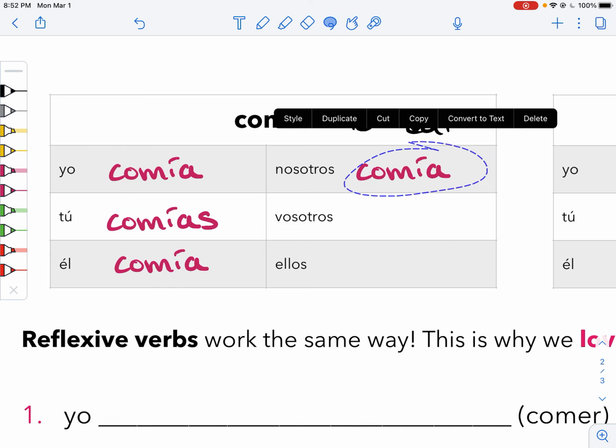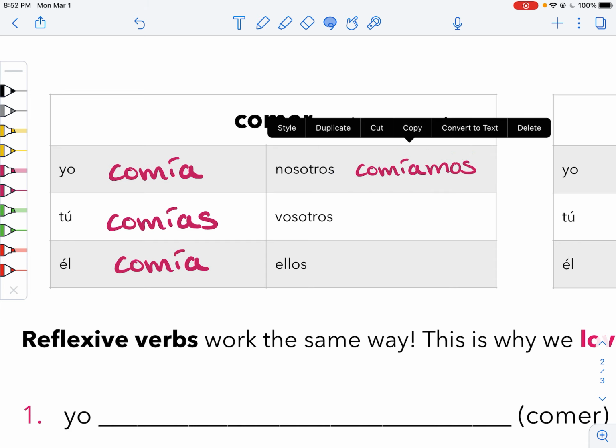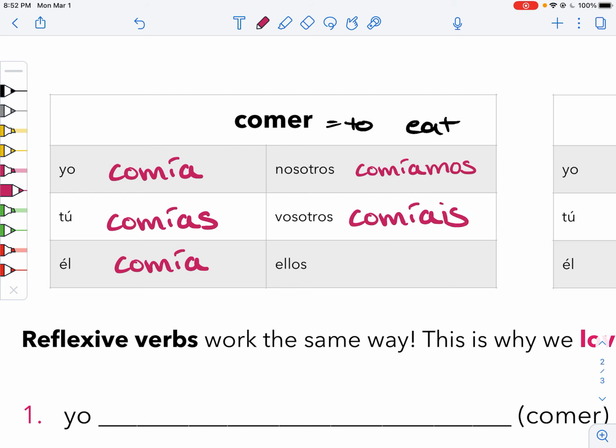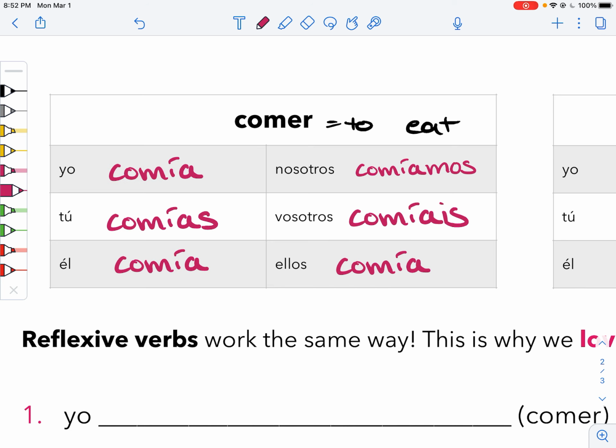We used to eat, comíamos. Y'all used to eat, comíais. And they used to eat, comían. So we drop the ER and we add ía, ías, ía, íamos, íais, ían.